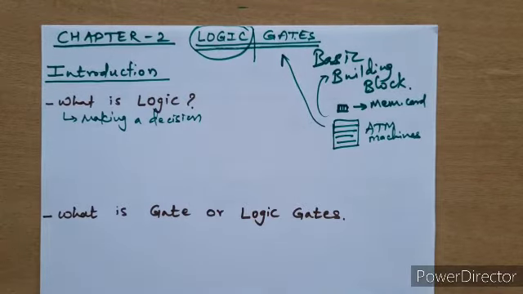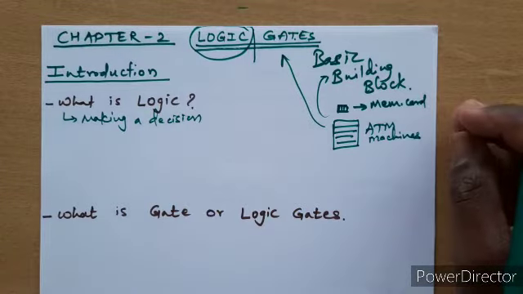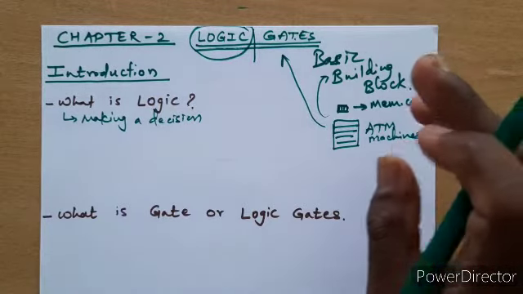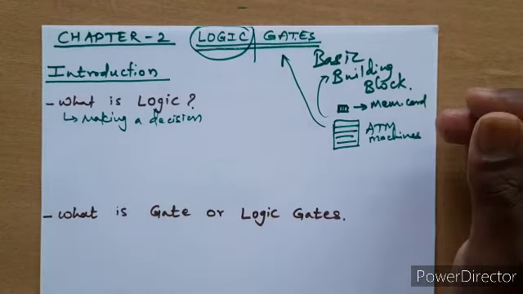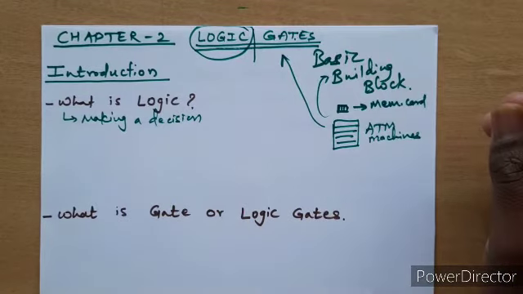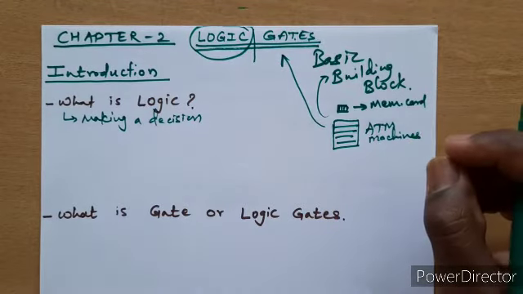One very simple example of this logic: see that calculator, or scientific calculator. It does not have a direct off button. Does it have one? No. You have to use two buttons, the shift button and then another button, and only then the calculator gets turned off. So what is the logic of this?